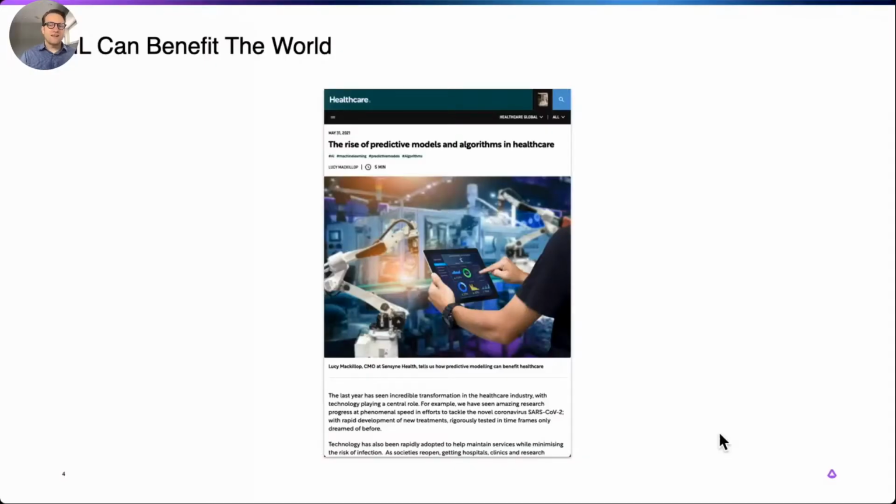Just to paint a little bit of a picture, I think everyone here is probably very convinced about the potential for ML, and we see headlines like this every day. This is from an article I was reading Monday about the rise of predictive models in healthcare, and we've seen firsthand the power of some of these models in doing things that really benefit everyone.